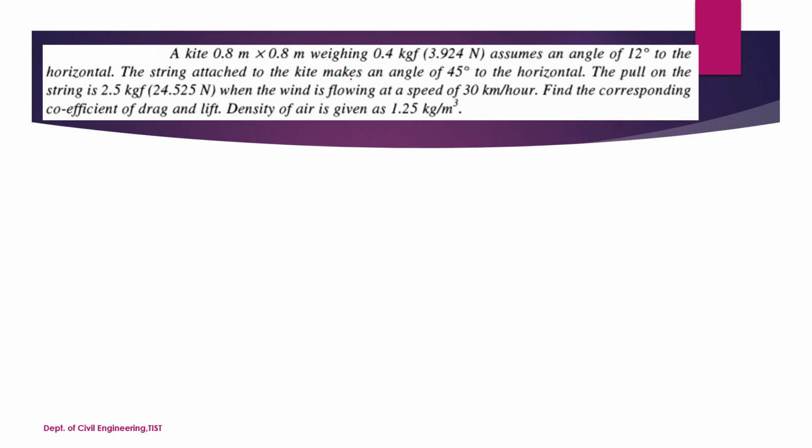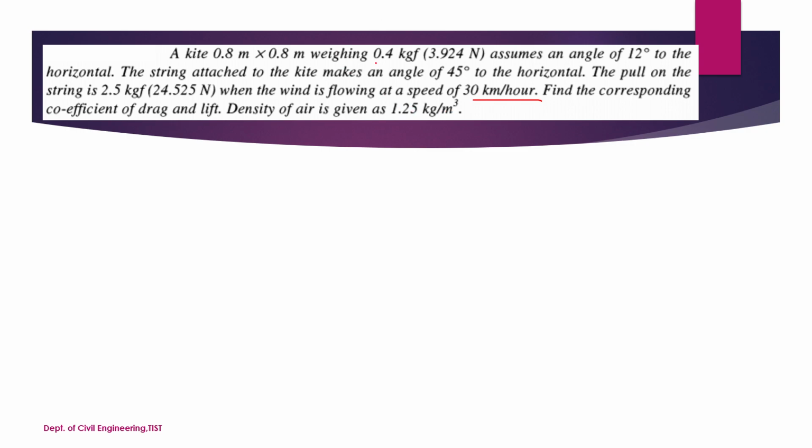The string attached to the kite makes an angle of 45 degree to the horizontal. The pull on the string is 2.5 kgf, that is 24.525 Newton, when the wind is flowing at a speed of 30 km per hour. Find the corresponding coefficient of drag and lift. Density of air is given as 1.25 kg per meter cube.